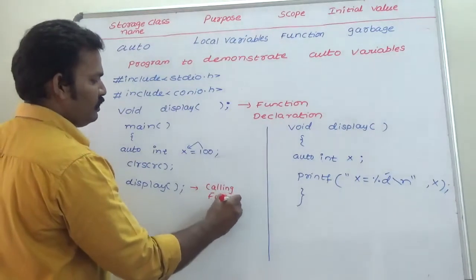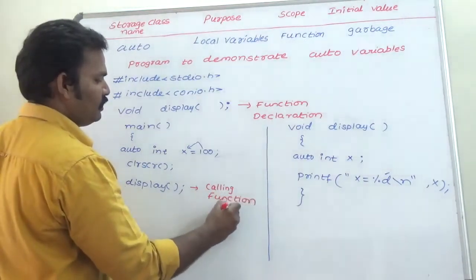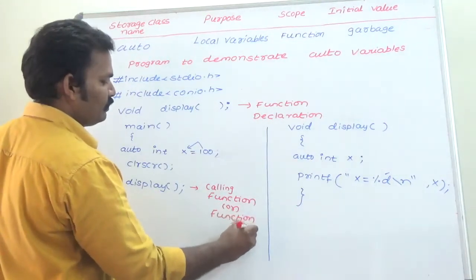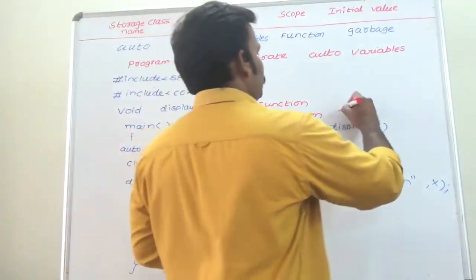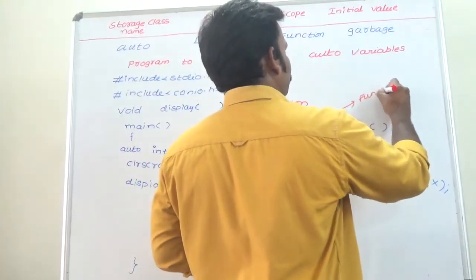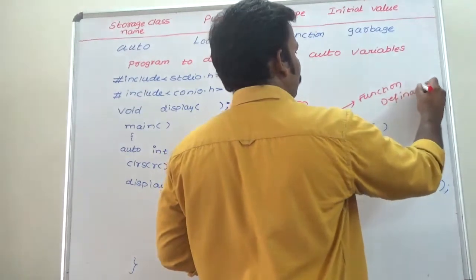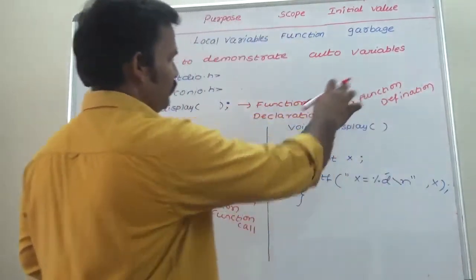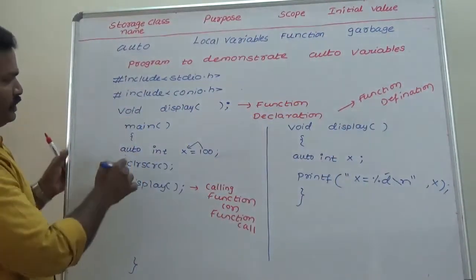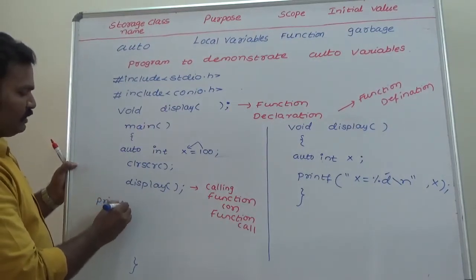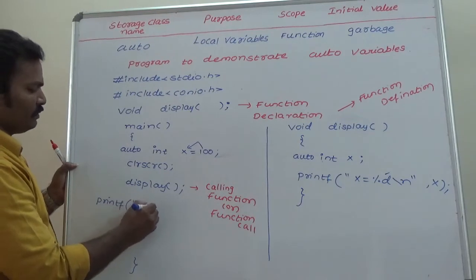Next, the function definition. In the main function also, I am trying to print the x value on the screen.